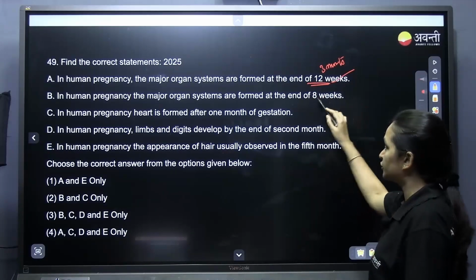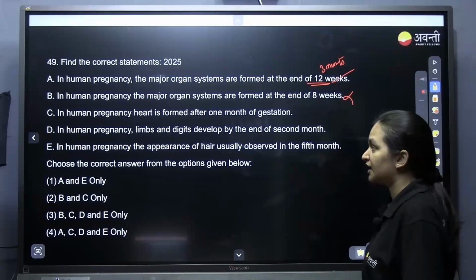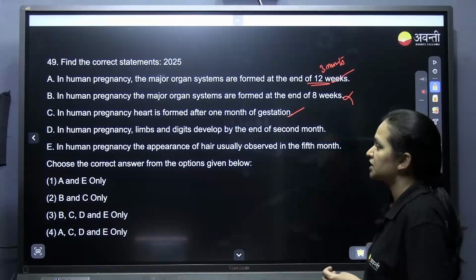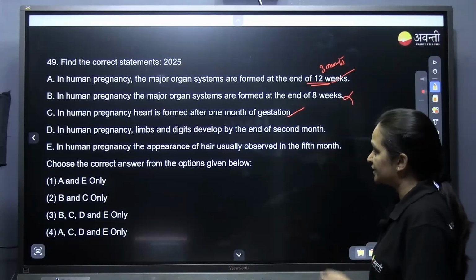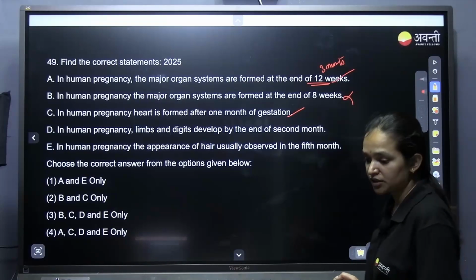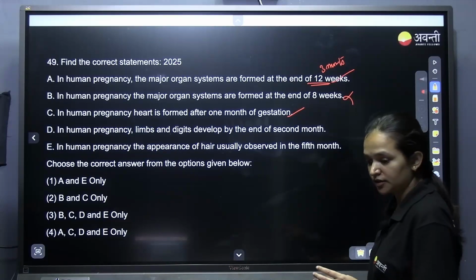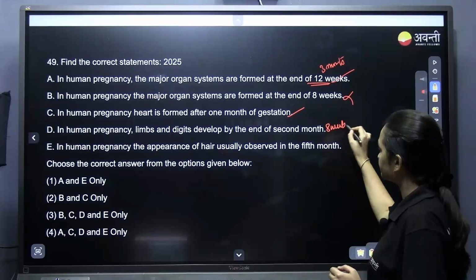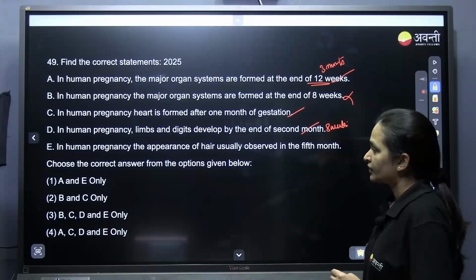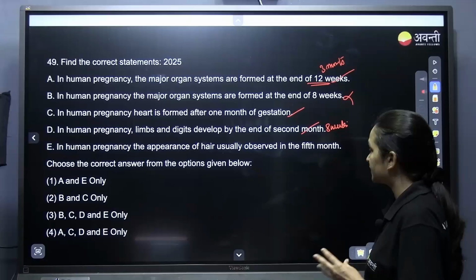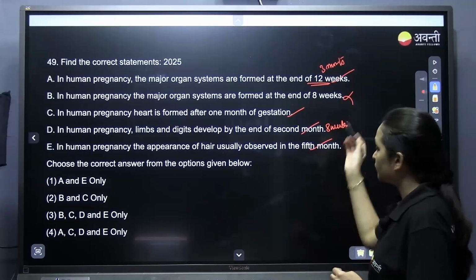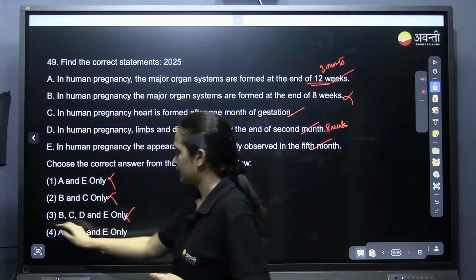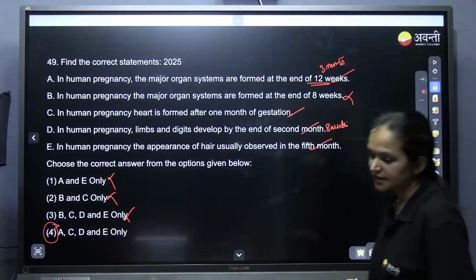It is 12 weeks, so wrong. Heart is formed after 1 month of gestation. True, around 4 weeks. Limbs and digits develop by the end of the 2nd month, 8 weeks. True. The appearance of hair is usually observed in the 5th month. True. So only B is not correct. A, C, D, E is the correct answer.